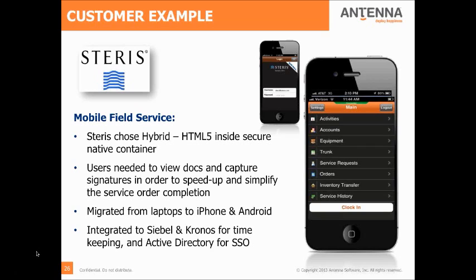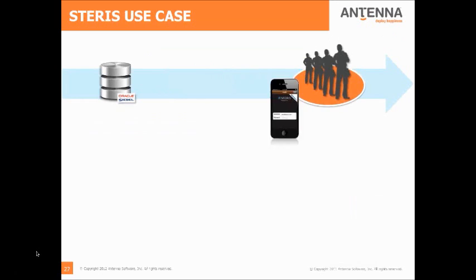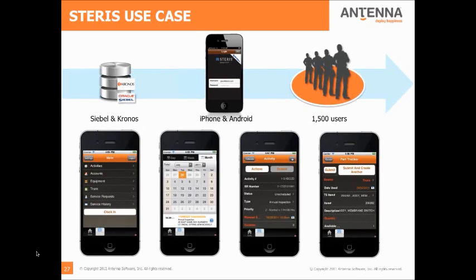From an end-user perspective, they needed to view documents and capture signatures to help speed along the service order completion process. They were migrating over to iPhone and Android from laptops, and they needed to integrate into some pretty sophisticated back-end systems: Kronos and Siebel, Kronos for timekeeping, and also Active Directory for single sign-on. As you can see here, this is a high-level abstraction of moving from the laptops to the iPhones and Android.